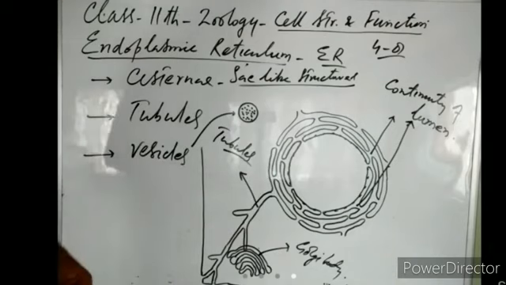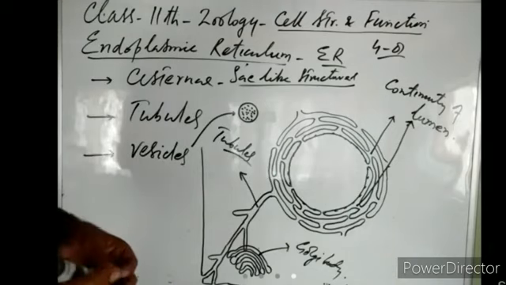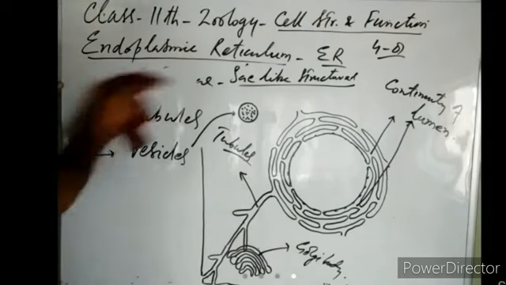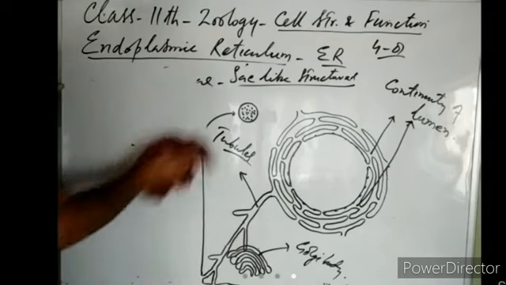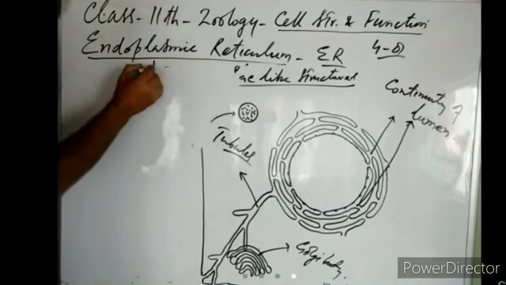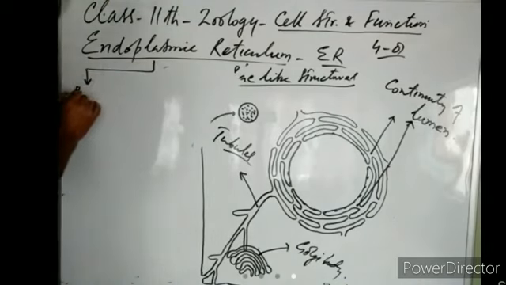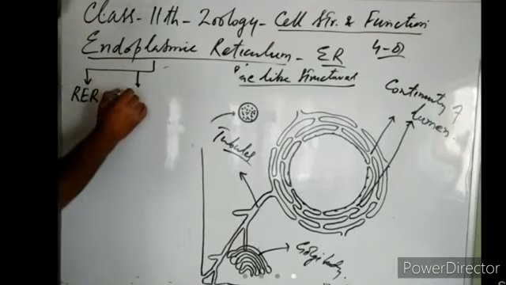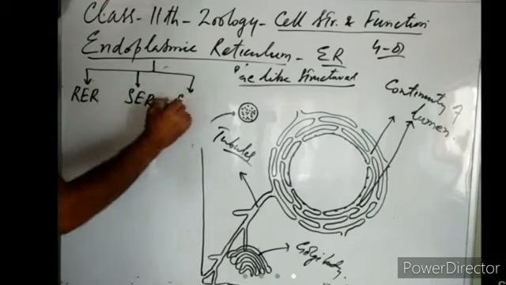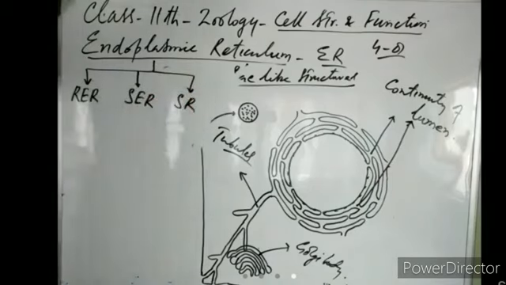Now we classify this endoplasmic reticulum into three types: rough endoplasmic reticulum, smooth endoplasmic reticulum, and another form that is known as sarcoplasmic reticulum.